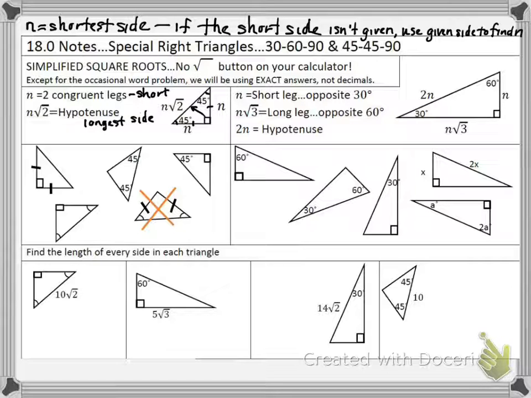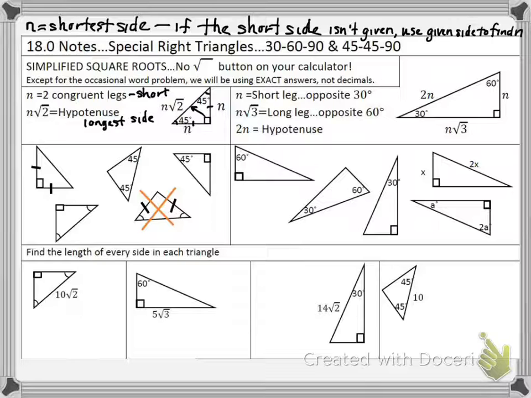Let me look down here and talk about ways to identify, because they don't always tell you the 90 and the 45 and the 45. Let's look at this middle one first. Here's a triangle that has a 45 and a 45 and an unlabeled angle. We really can't just assume things are right angles because they look like it.